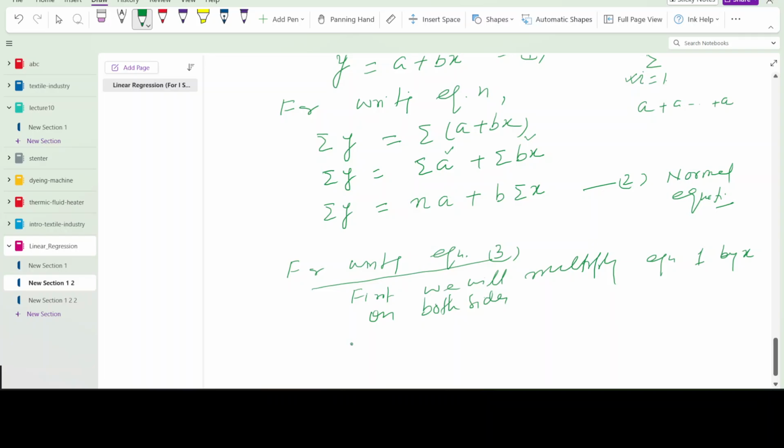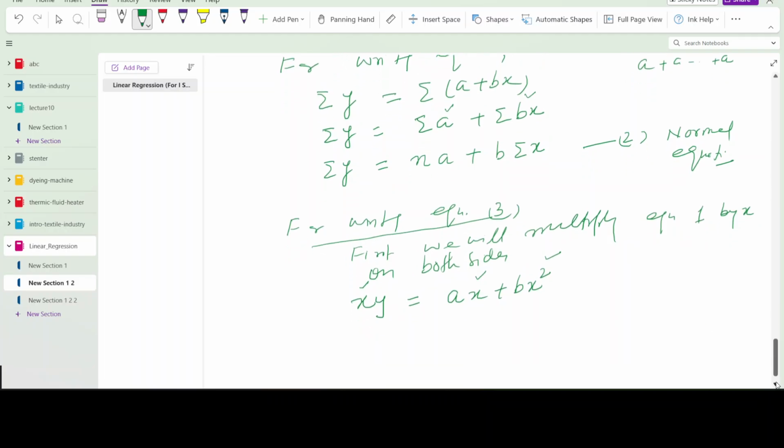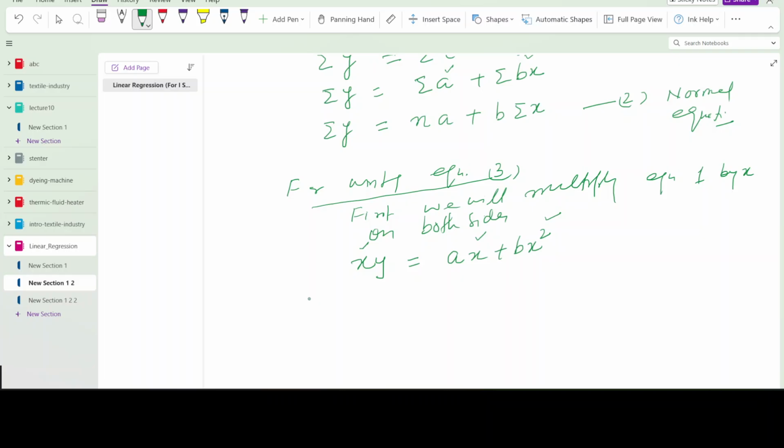What will it become? xy is equal to ax plus bx square. Okay, on y is equal to a plus bx, we have multiplied by x on both sides. So now this equation is in this form, and now we are applying sigma on both sides.